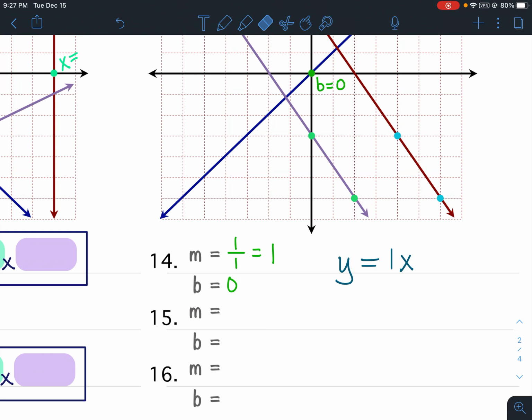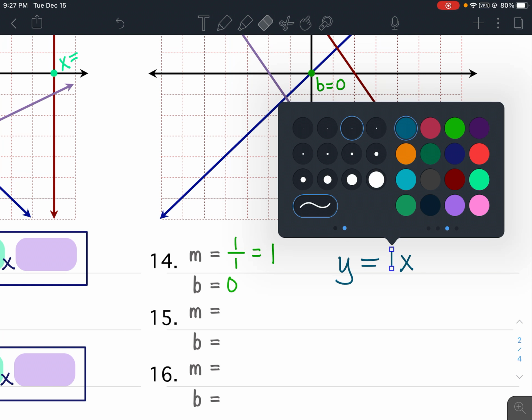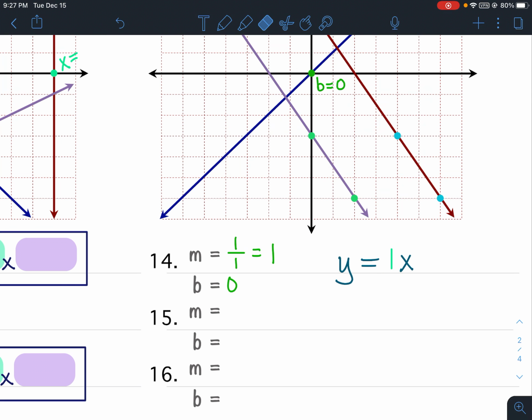And technically, this 1 here, you don't need it. So your answer could be y equals 1x, or it could just be y equals x. If you put y equals 1x, I would accept that answer.